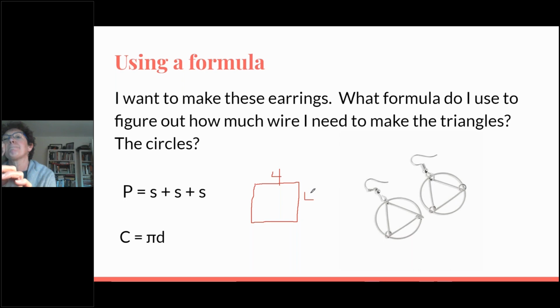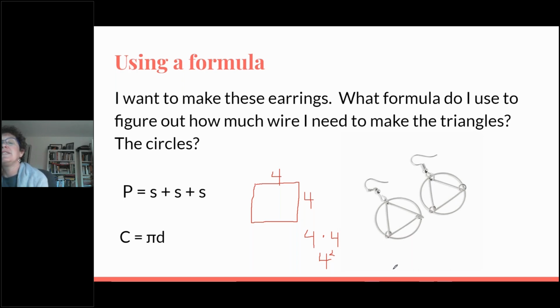And if I want to find the area, I'm going to say 4 times 4. And 4 times 4 is the same as 4 squared. That's where the term comes from, because what you need to do to make a square is multiply the sides times itself.